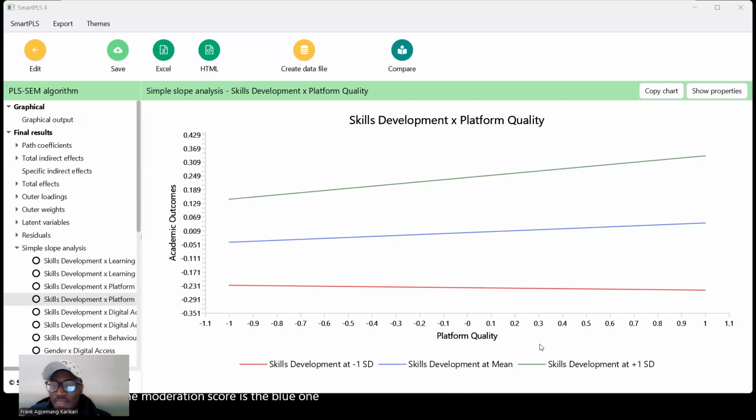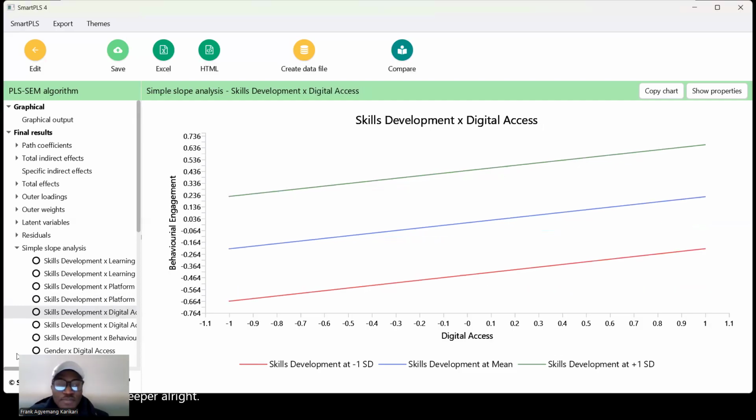And this one is at one standard deviation above the mean. So it means that at one standard deviation above the mean, it becomes less steep or more positive, right? And at one standard deviation below the mean, it becomes steeper, right?